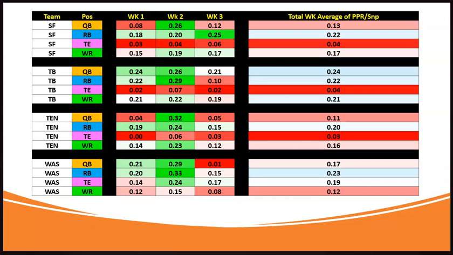And I probably should colorize based on positional production versus just per team, because this data doesn't show you what is an average wide receiver kind of play, or above average or below average.